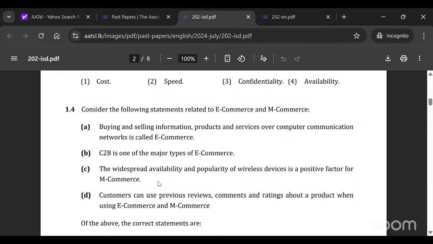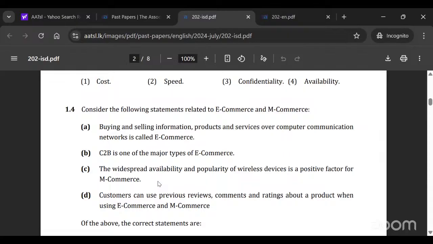Consider the following statements related to e-commerce and m-commerce. E-commerce is electronic commerce, m-commerce is mobile commerce. Buying and selling information, products and services over computer communication networks is called e-commerce.